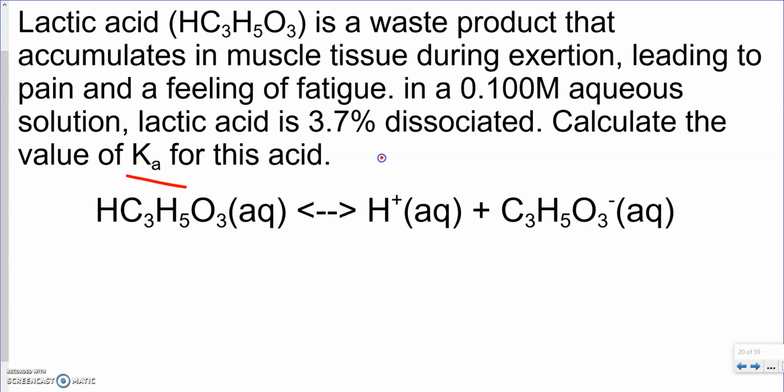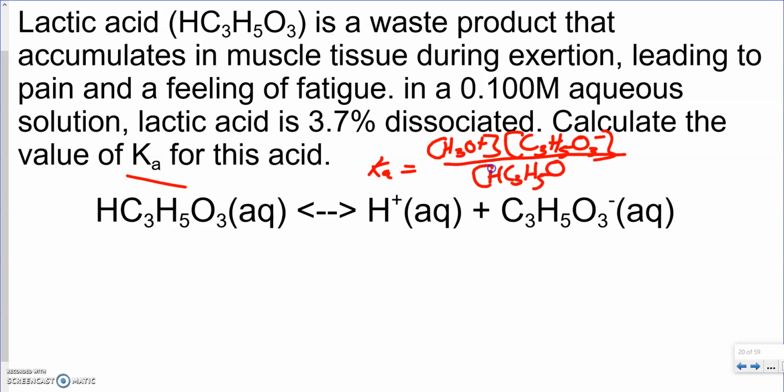So what is Ka? Ka is the expression of hydronium, or hydrogen in this case, just because I don't have water written here, though I usually do, times the lactate ion over the lactic acid. And this is all at equilibrium. So what does that mean for us in terms of calculations? We need to figure out what the concentrations of these species are at equilibrium.